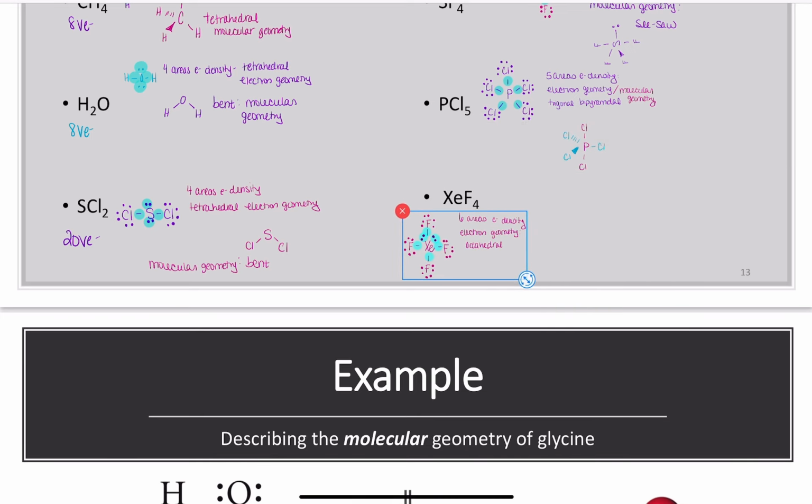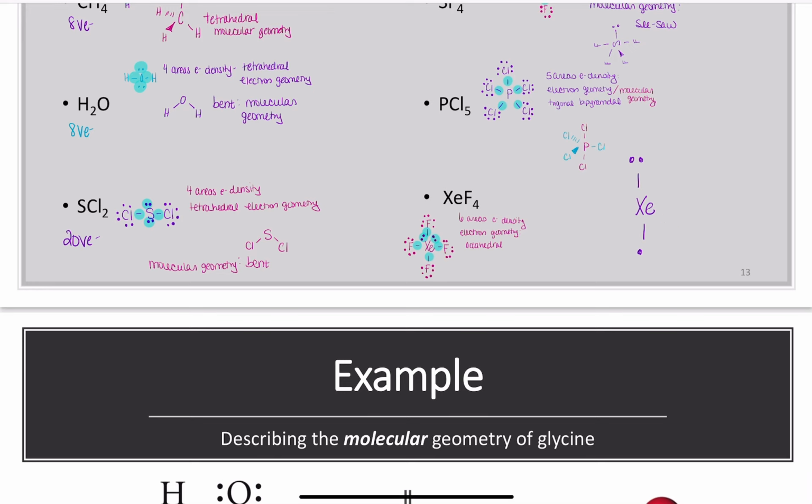So my electron geometry is called octahedral, but now I'm going to redraw this into my shape for octahedral. Because I've got 2 lone pairs, I'm going to draw my lone pair on the top and on the bottom. This doesn't actually matter. They're equivalent positions, but it's going to make it easier for me to recognize its molecular shape in just a sec.